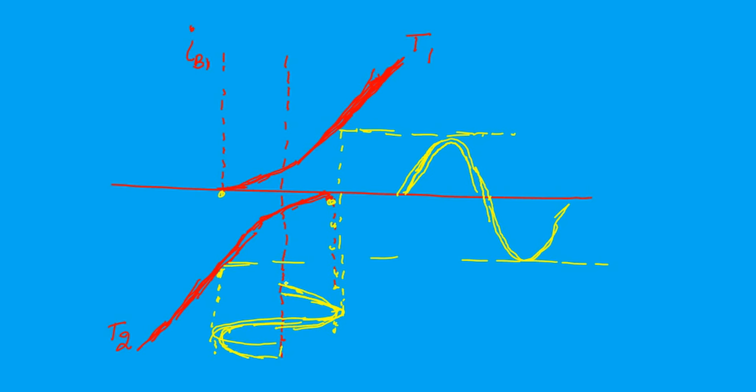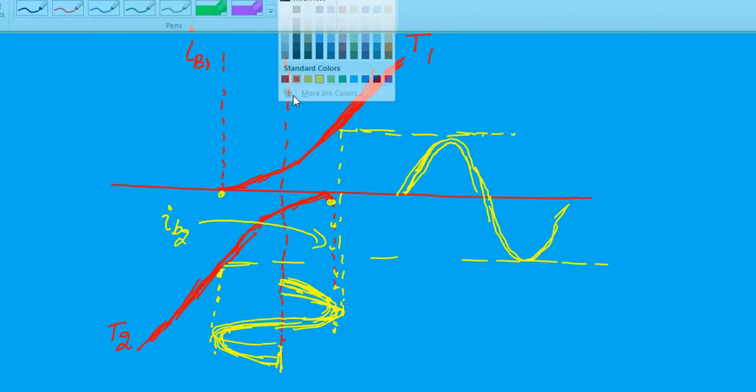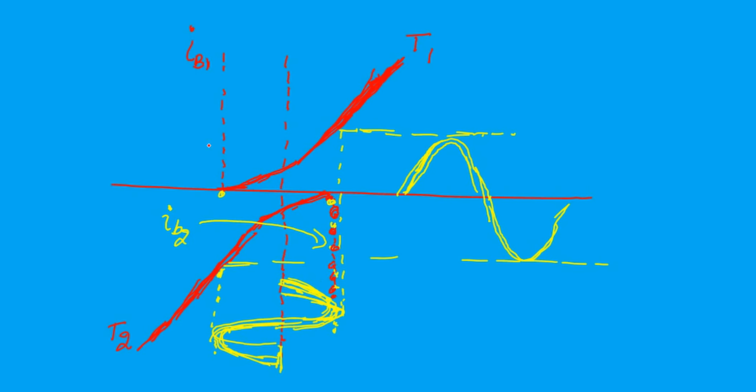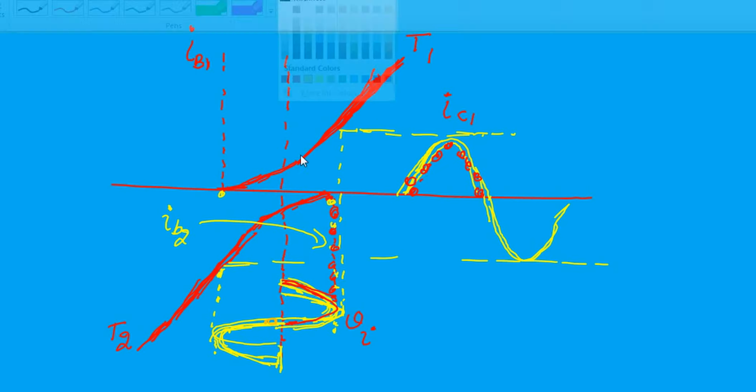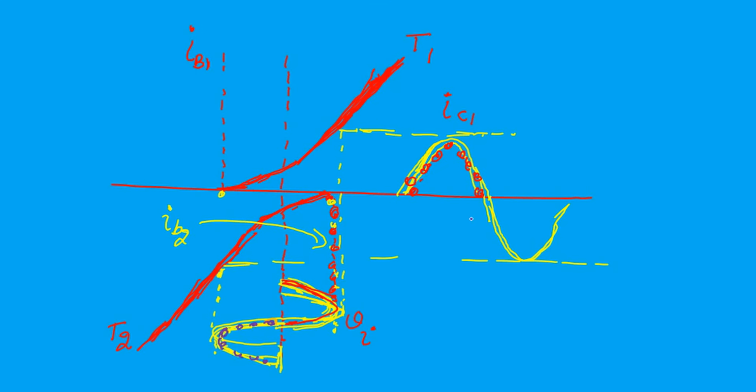There is no crossover distortion appearing now. Okay, this is IB2. So it happens because of the presence of some base currents. So crossover distortions are eliminated. That's very, very good.